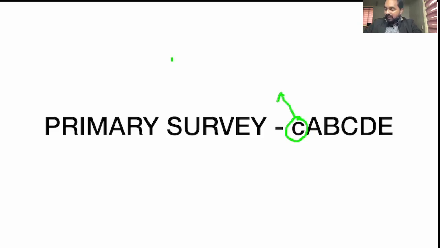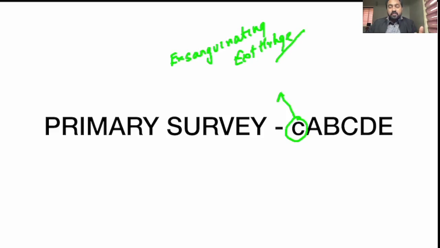This is the exsanguinating external hemorrhage, right? So if a patient comes to you in your emergency setup where he's bleeding profusely, the first important thing that you need to do is you need to stop that bleeding externally, right?